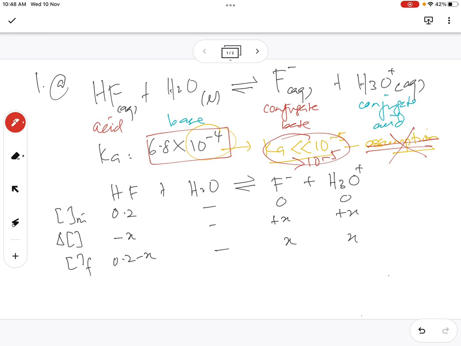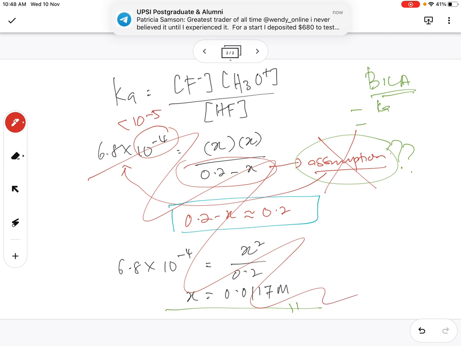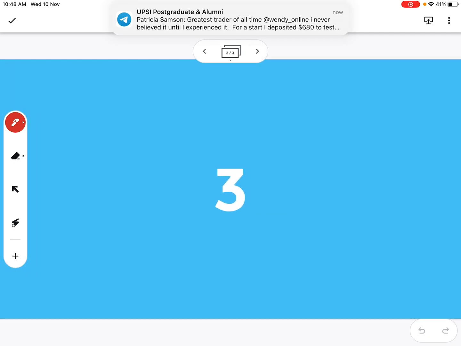Cannot do. So look at slide number 1. Because the Ka is greater, the assumption cannot be done. Sorry, I looked wrongly. So this means we cannot use this calculation. The assumption cannot be made, so we cross this one out. Let's go to the next slide, I redo again.